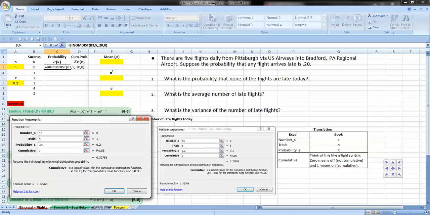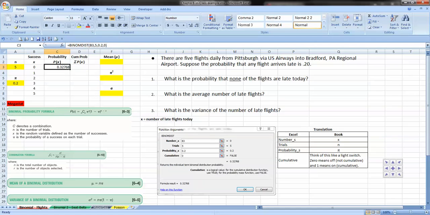So for now we type in a 0, we hit OK, and we have our value of 0.32768. We can copy that formula down and get all of our subsequent probabilities for each of the values.